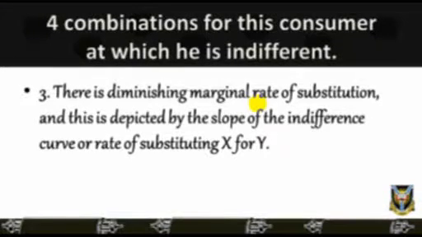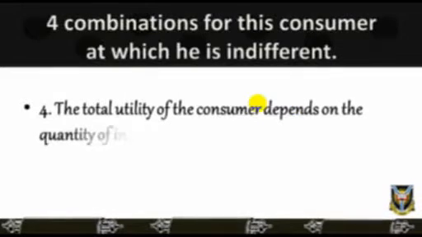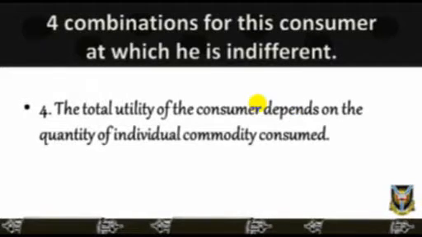There is diminishing marginal rate of substitution, and this is depicted by the slope of the indifference curve or rate of substituting X for Y. 4. The total utility of the consumer depends on the quantity of individual commodity consumed.